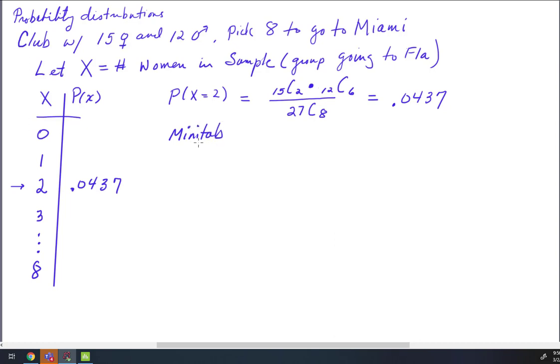Fortunately, the random variable x has a distribution that Minitab knows, and it's called a hypergeometric probability distribution. Minitab knows that name, and so it can calculate that easily for us.